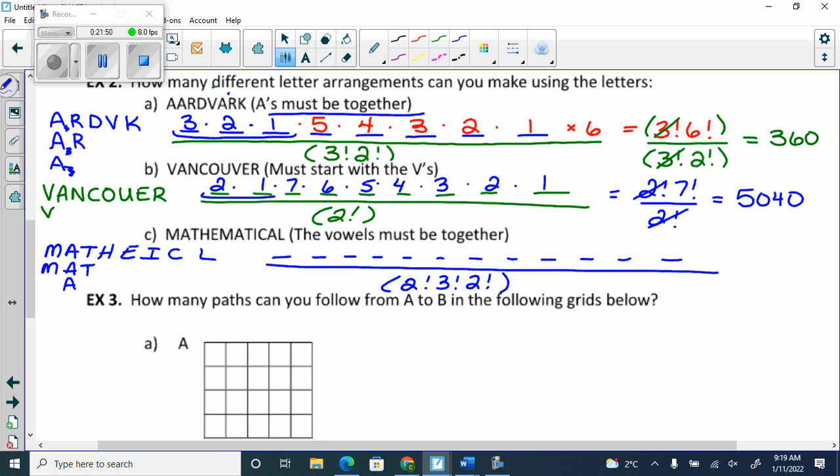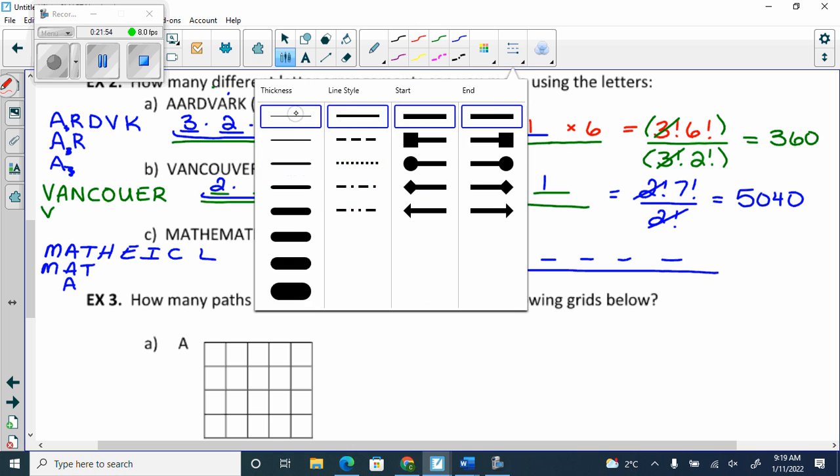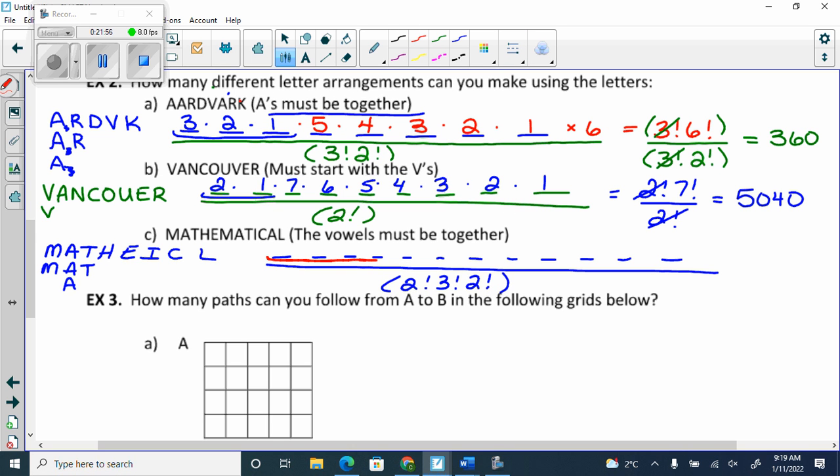Okay? How many vowels are in mathematical? 5. So it's 5, 4, 3, 2, 1. How many letters are left? 7, 6, 5, 4, 3, 2, 1. And then, what do I have to do?